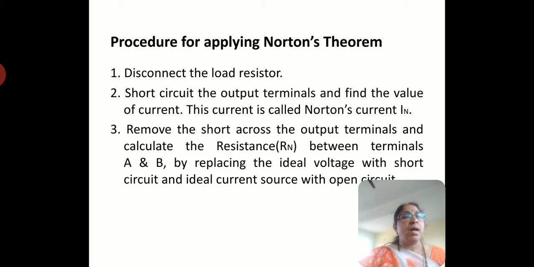To find RN, remove the short across the output terminals and calculate the resistance RN between the terminals A and B by replacing the ideal voltage source with a short circuit and the ideal current source with an open circuit.